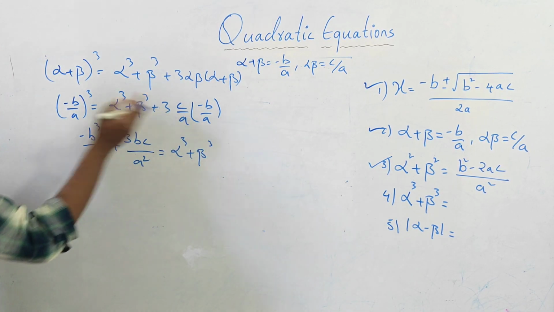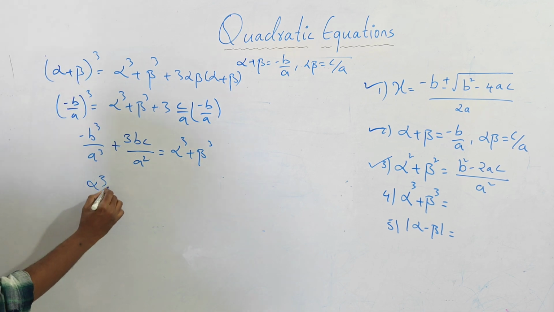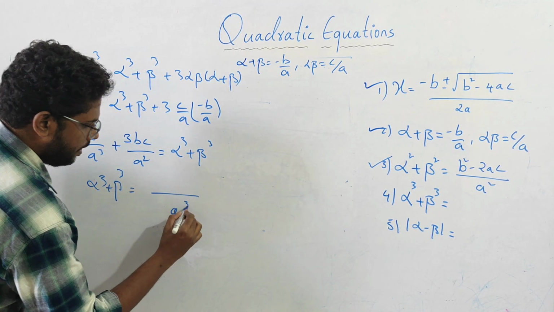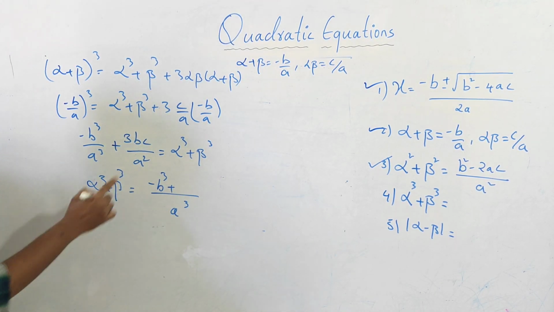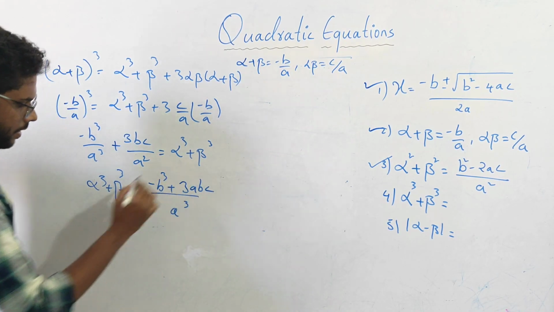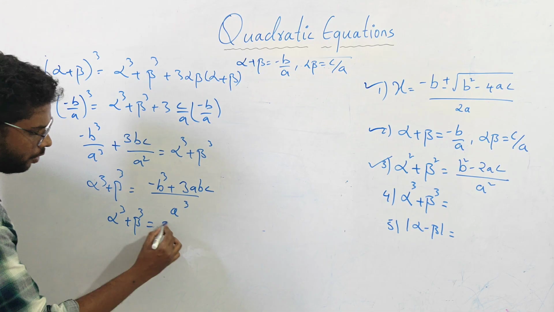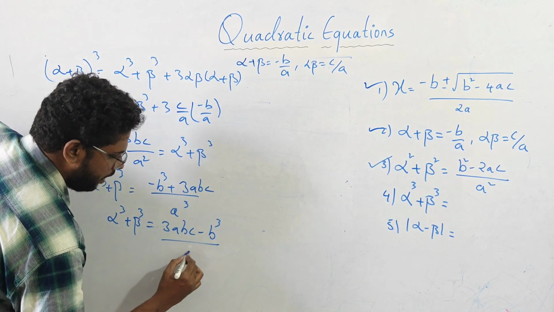What I have done is bring this term here. Now simplify, what do you get? Alpha cube plus beta cube equals, here a cube is the LCM, so I get minus b cube plus 3abc. This can be written like this: alpha cube plus beta cube equals 3abc minus b cube by a cube.